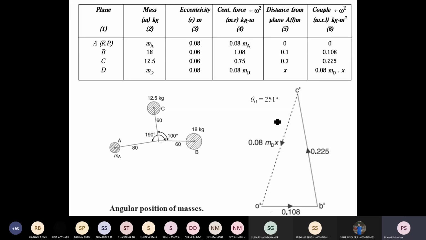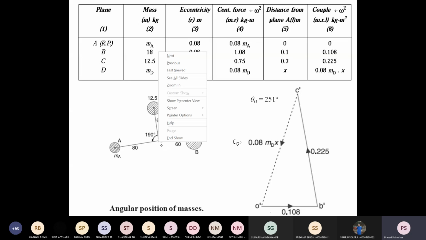Now using this, you can find the angular position of mass D. The angular position of mass D will be parallel to this vector CD, or C dash O dash. So draw a line from O parallel to C dash O dash.